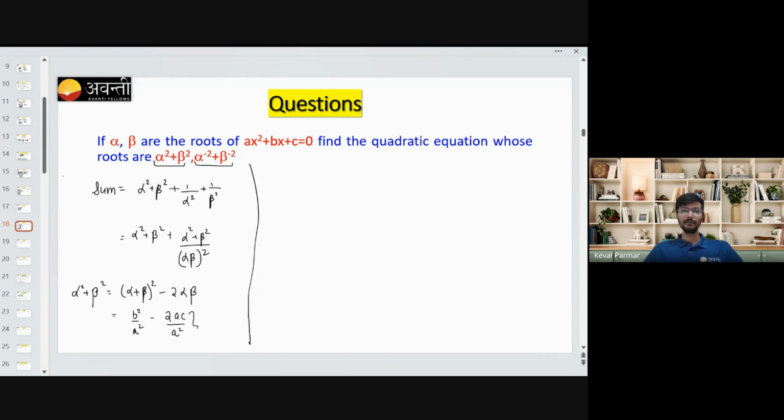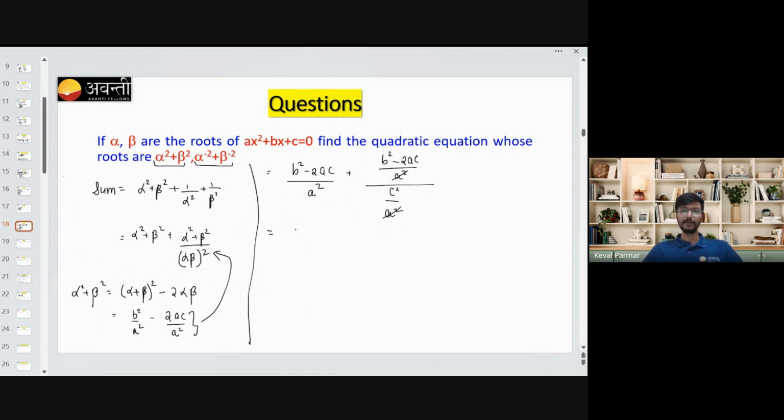So let us substitute these values here. What I'll get? I'll get (b square minus 2ac) by a square plus (b square minus 2ac) by a square upon alpha beta the whole square, which is c square upon a square. This will get cancelled.